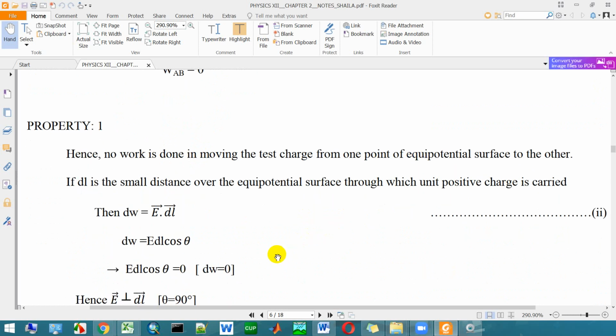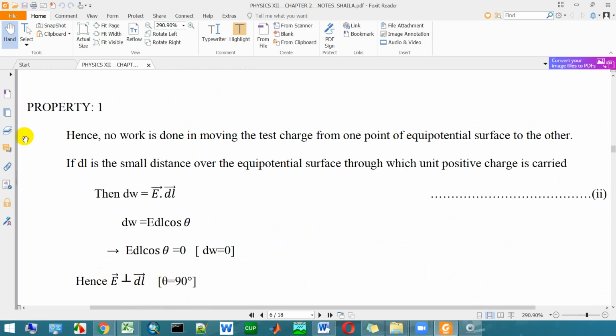to the other. Now for the second property, if we assume dl is a small distance over the equipotential surface through which a unit positive charge is carried, so dW is equal to E dot dl.